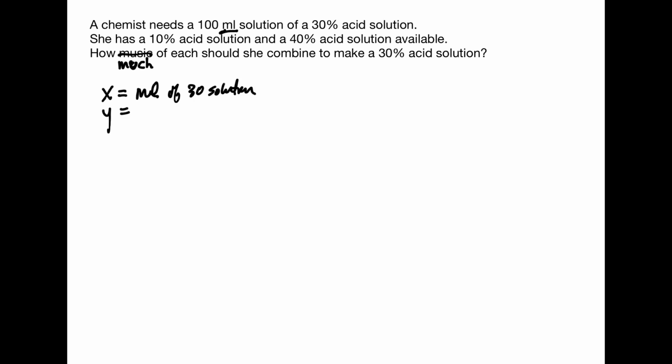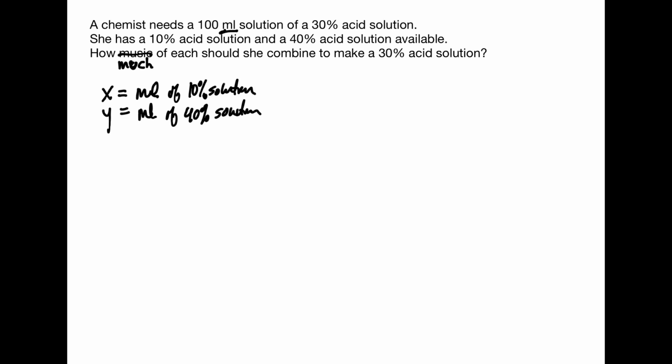We don't want the 30% solution. Let me go back. 30 is the one I want in the very end. We want the other two. So we're going to take the more diluted, so the 10% solution, as X, and then Y will be the milliliters of the 40% solution that I need. There we go. And we're going to do a certain combination, the more concentrated with the more diluted.